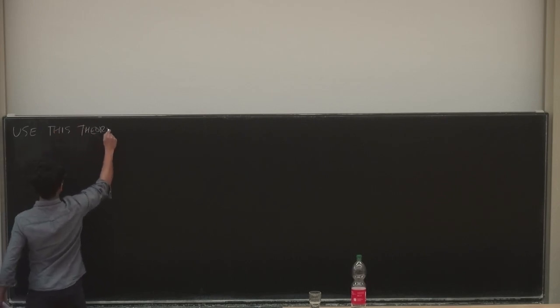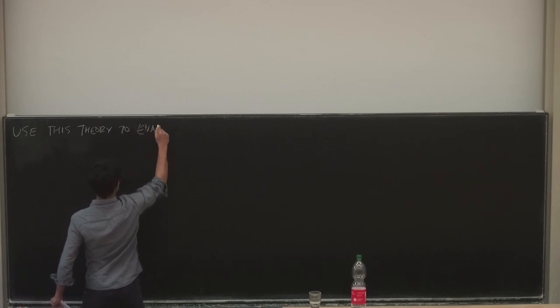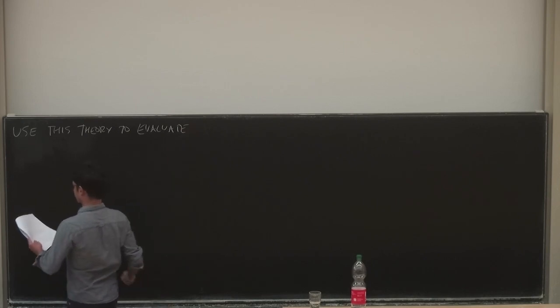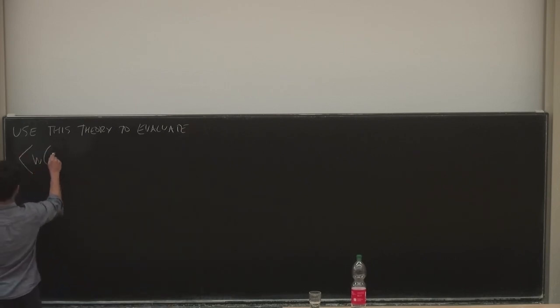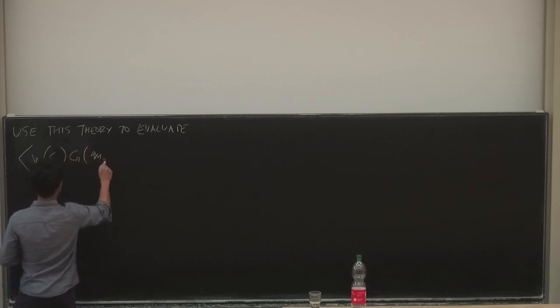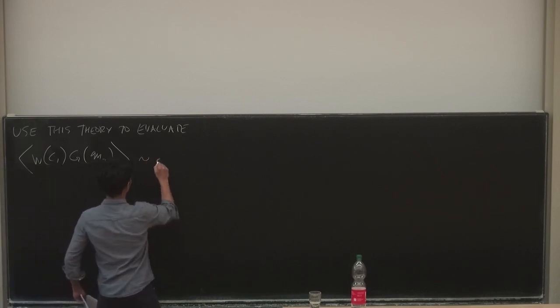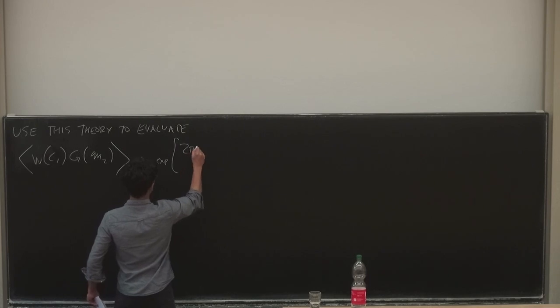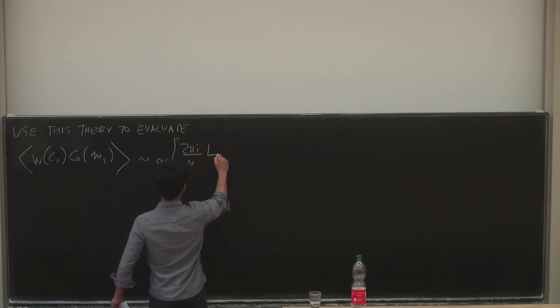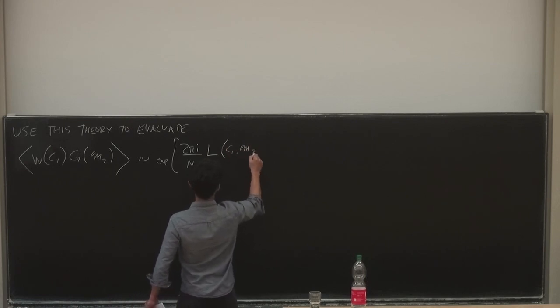Now it turns out that if you use this theory to evaluate, for example, the following correlation function, W of C1, G of M2, the two-point function of this thing, then what you find is that this goes like the exponential of 2 pi i over n times the linking number of C1 and M2.